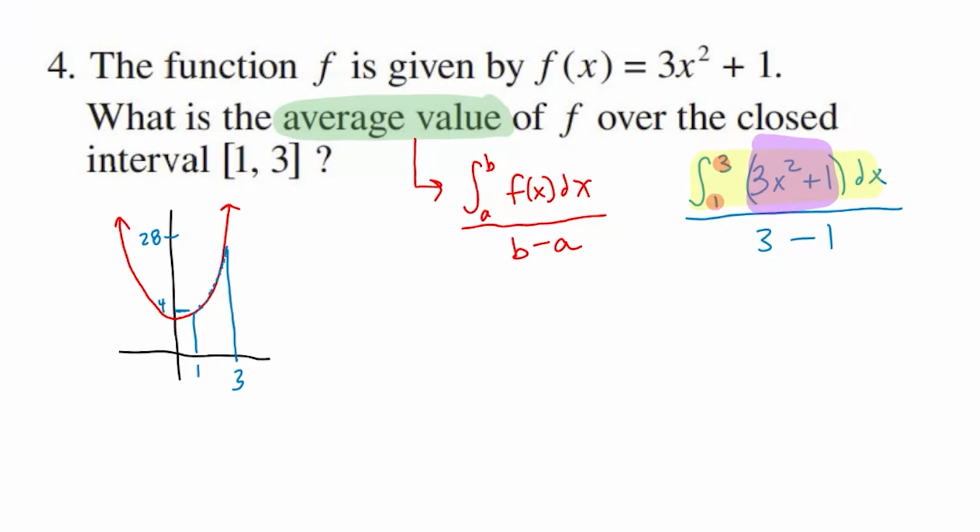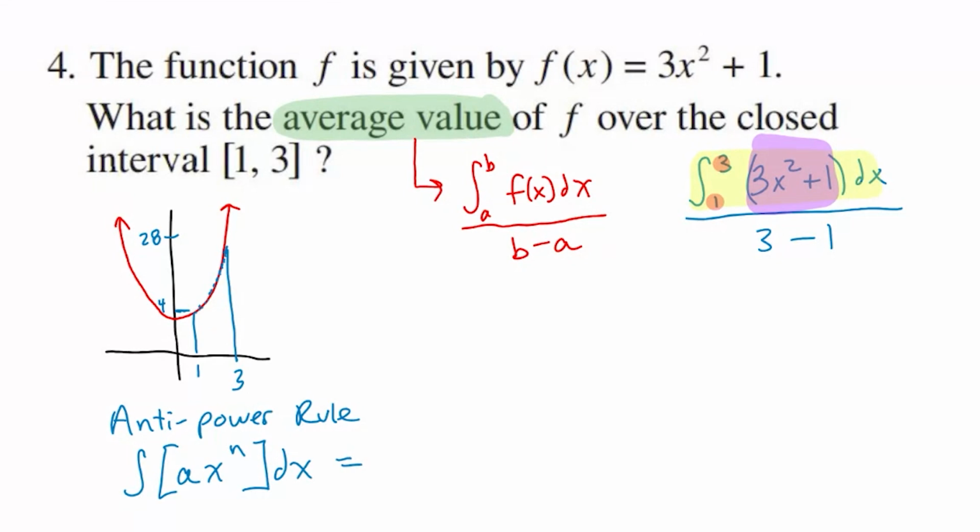That's going to use what I'll call the anti-power rule, which is pretty much the inverse of the power rule. If I want to anti-differentiate a term that's a times x to the n, I first increase the exponent by 1, and then divide whatever coefficient you have by that new exponent. And that is our anti-power rule.